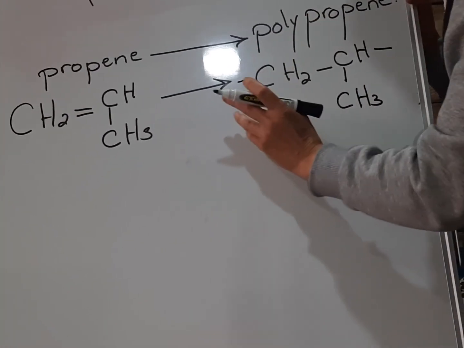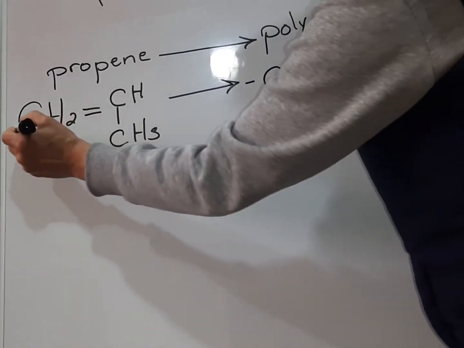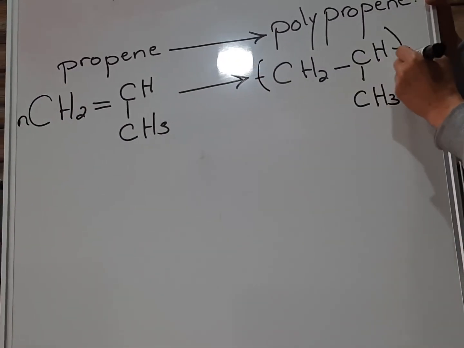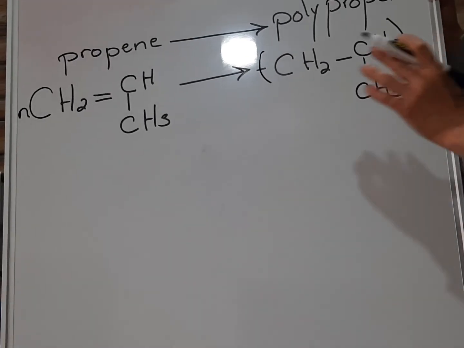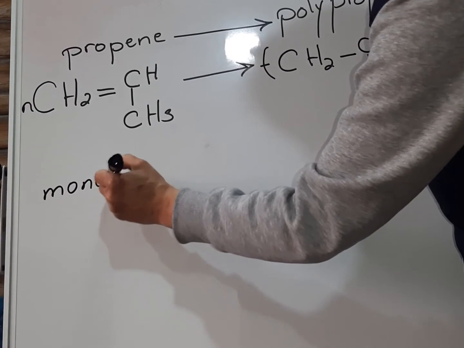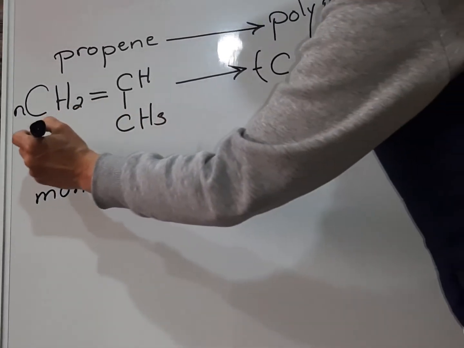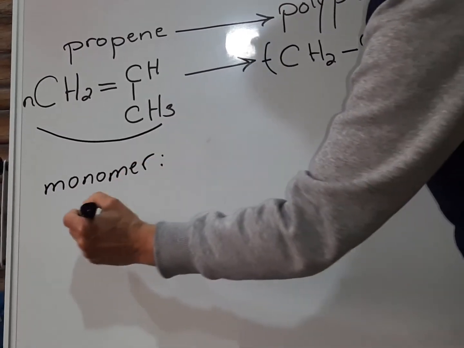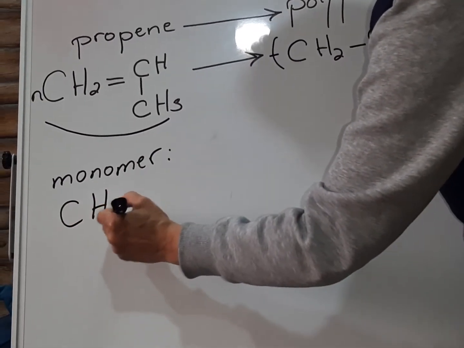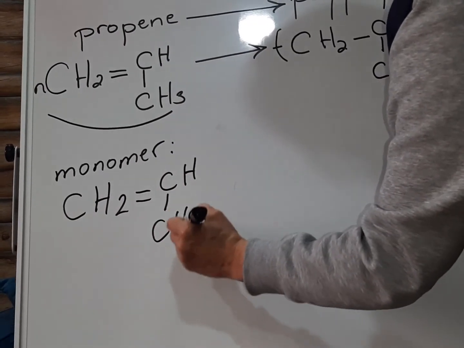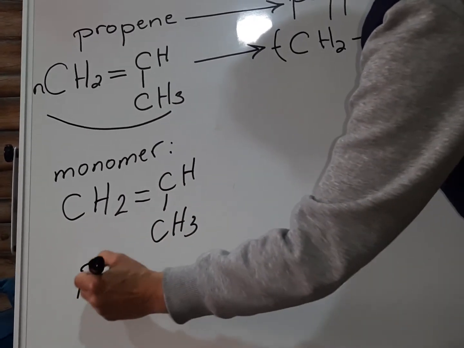During polymerization reaction, the number of monomers is represented by N. Here I have N, and here I have N. Now, which one is the monomer? The monomer is the compound in the reactants, which is CH2 double bond CH bond CH3, which is propene.